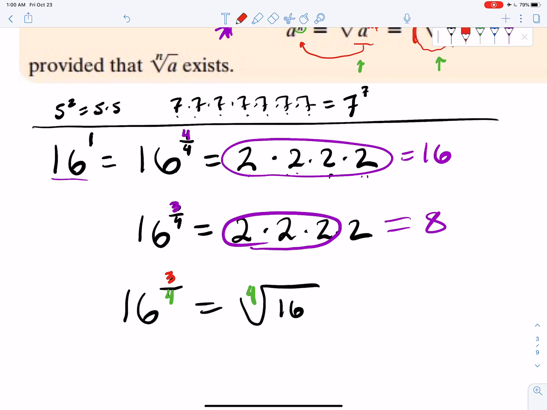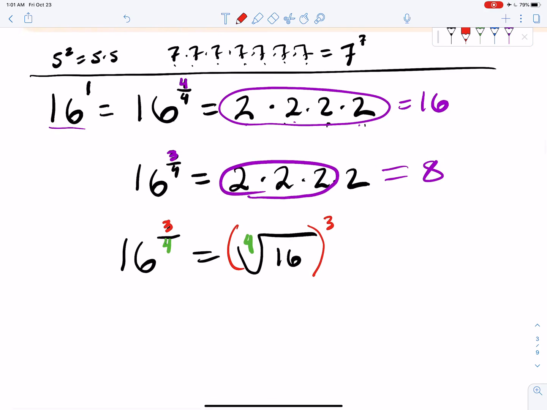So I would prefer to cube it after the fact because it's just easier. If you cubed it inside here, you would get the same answer, but you would have to cube that number and then break it down, and that's a lot more work. Now remember, we work from the inside out. So a big question here is, what's the 4th root of 16?